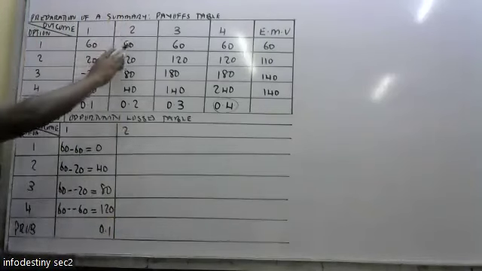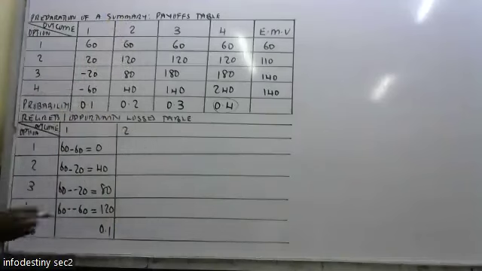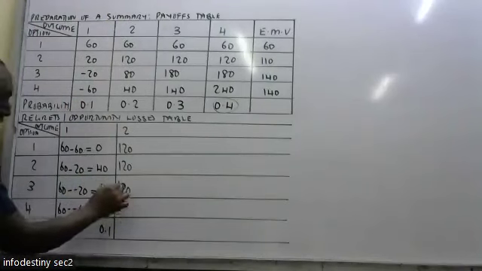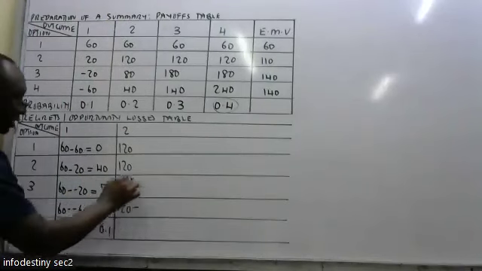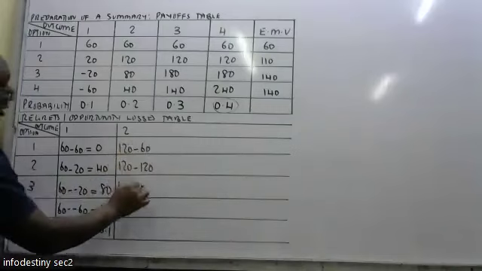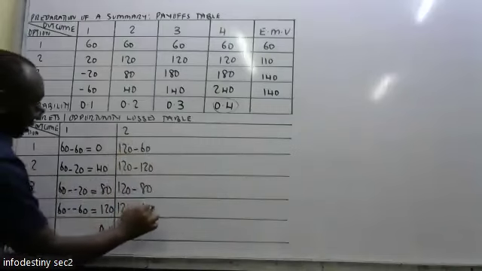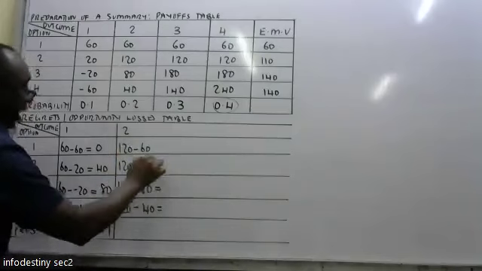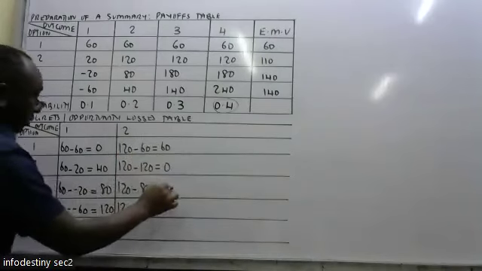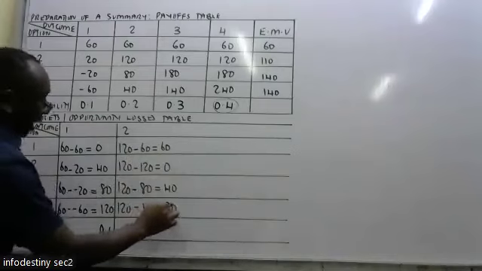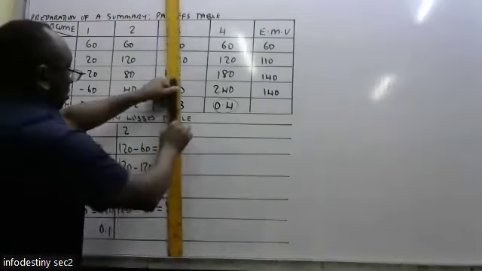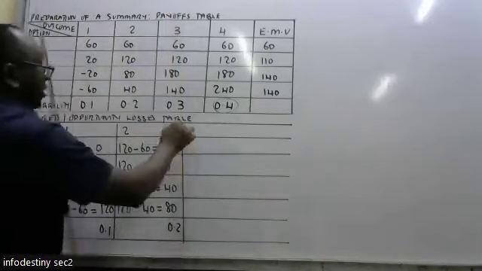Now we come to option 2, outcome 2. Here you look at the highest of all of them. It is which one? 120. So from this 120, you subtract all the others. So you subtract 60, 120, 80, and 40. And that gives you 60, 0, 40, and 80. And the probability is 0.2. We go to number 3.